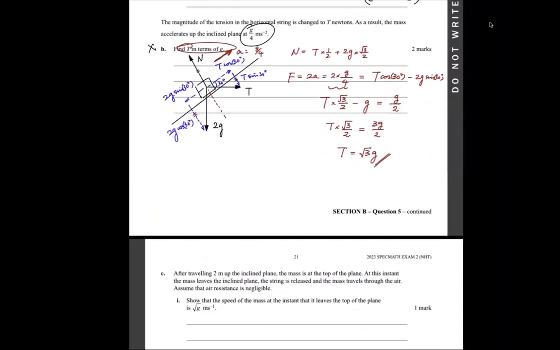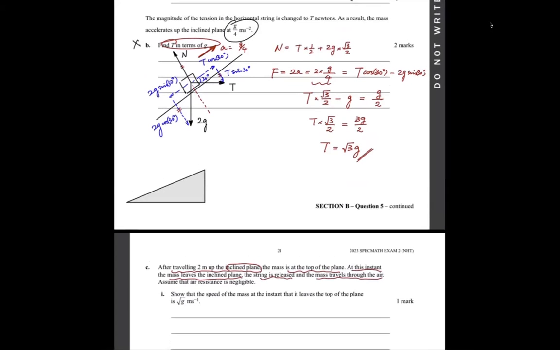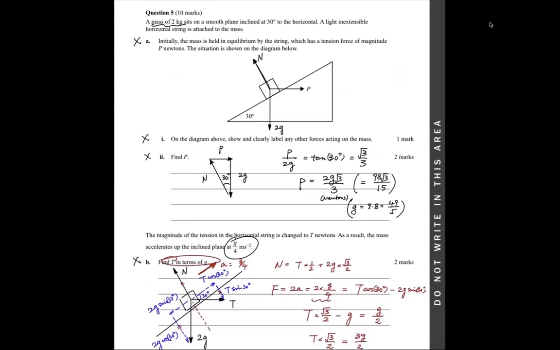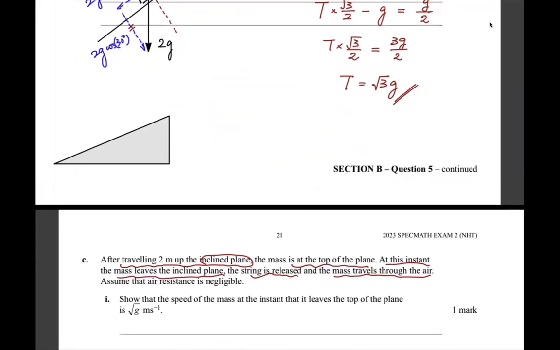Okay, so that is the answer. Now, what I'm trying to really talk about is part C. Because after traveling 2 meters up the inclined plane, the mass is at the top of the plane. At the instant the mass leaves the inclined plane, the string is released and the mass travels through the air. Look, you need to draw a diagram to visualize what's happening.